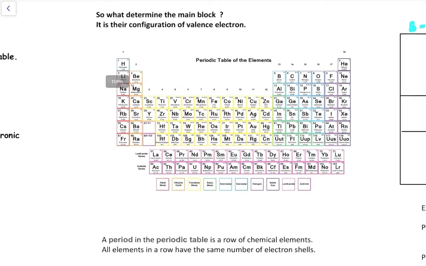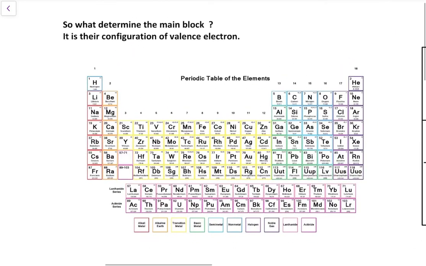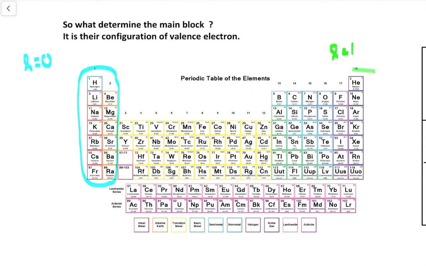The first thing you need to know in a periodic table is that it is divided into 4 types of block, and this block comes from your angular quantum number. L equal to 0 gives you the S block. L equal to 1 gives you the P block, so everything in this area is the P block.